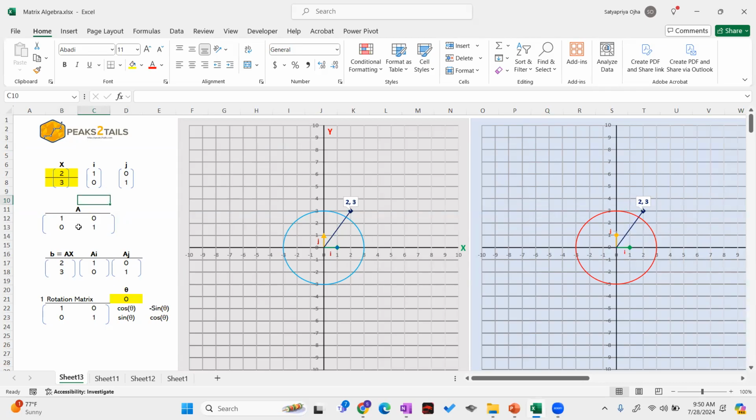Now, I'll try to play with A, okay? What happens when I make this 2? This leads to stretching along the x direction because I only change this particular value, not the other one. Guys, give me 1 second, please.